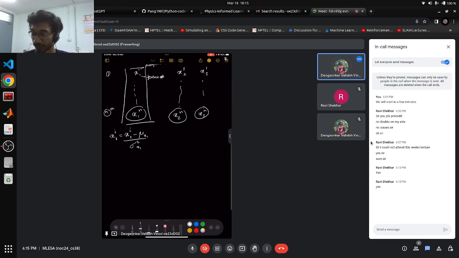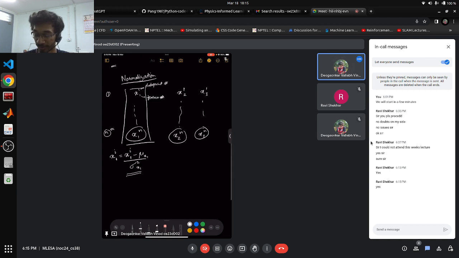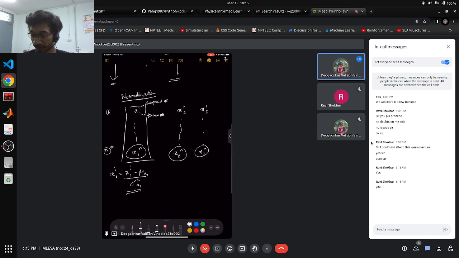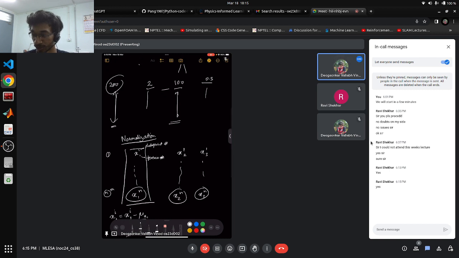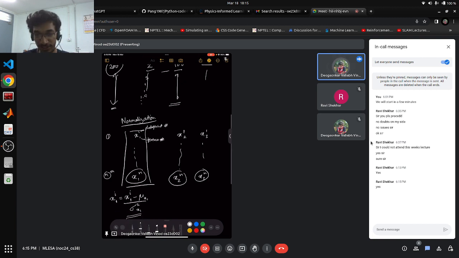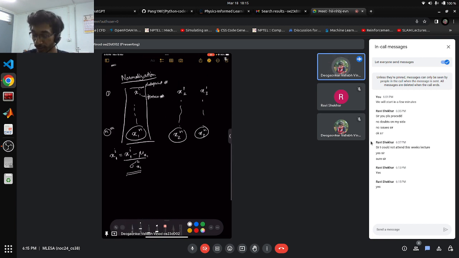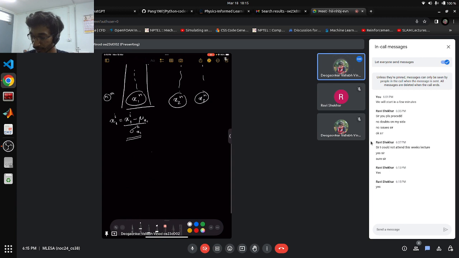So normalization will essentially, if the actual values were all in this range, like 2, 3, 4, 1, 1.5, something like that, bring everything onto a distribution of this sort. It will make it into a Gaussian distribution, in fact, with zero mean and unit variance.